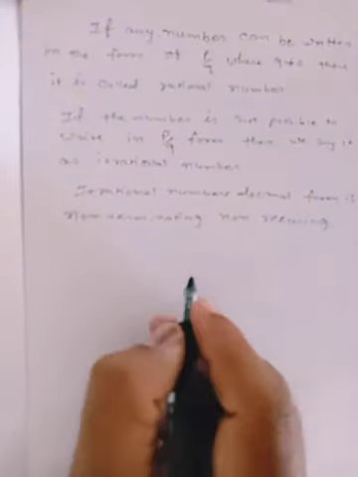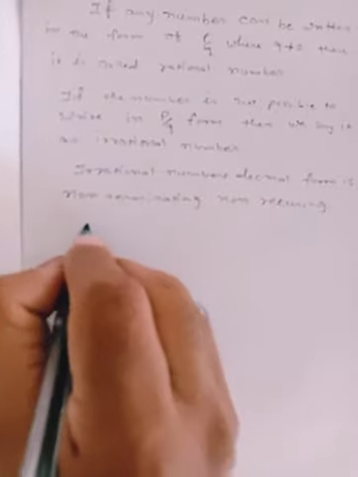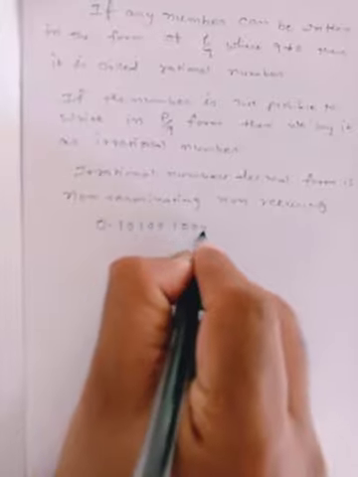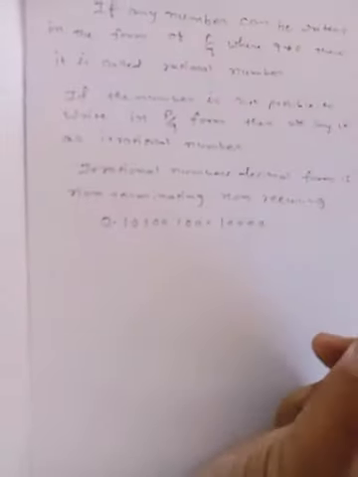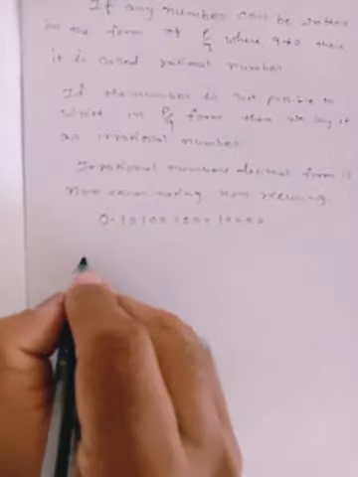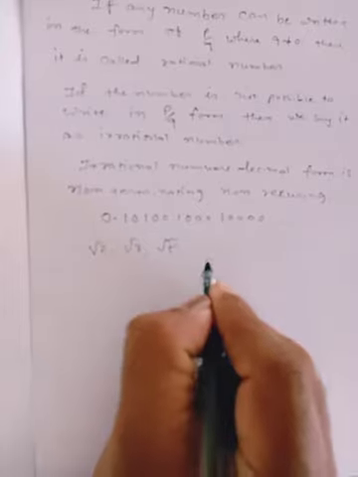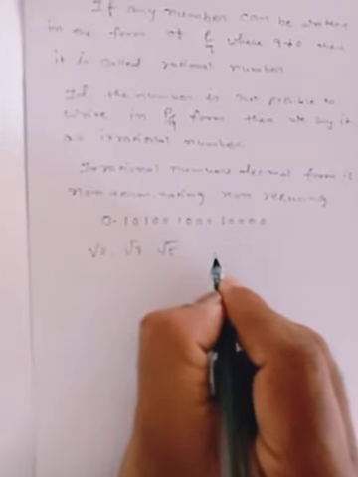Non-terminating, non-recurring means after the decimal it does not stop and does not repeat in a pattern. Root 2, root 3, root 5, the roots of prime numbers, are also irrational numbers.